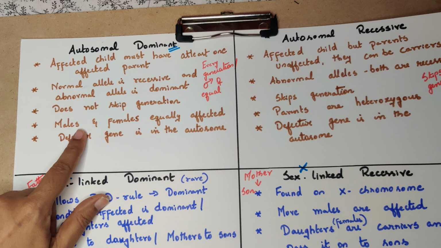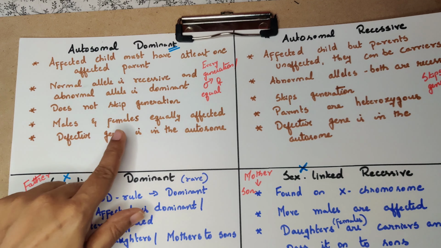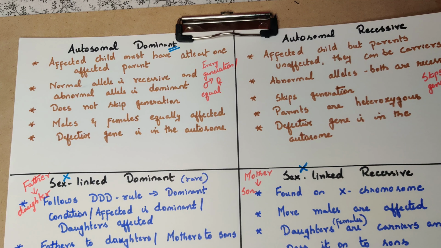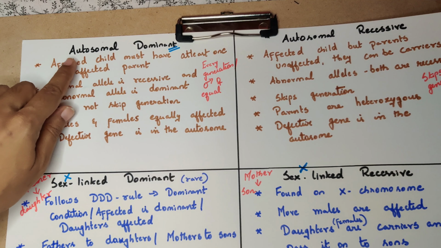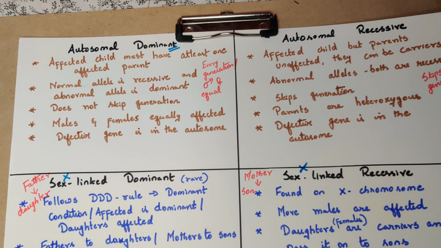And here the next clue that you can apply is males and females are equally affected. So for autosomal type of inheritance, males and females are equally affected. If a particular sex is getting affected, then you can definitely close in on X-linked type of inheritance.